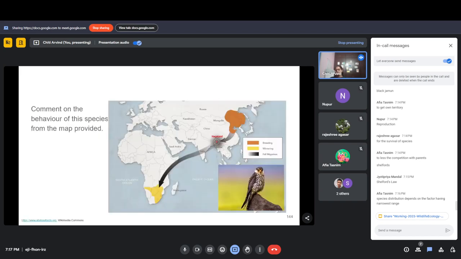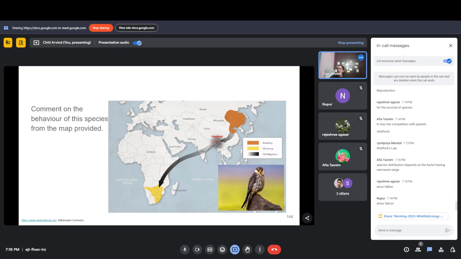Alright, in the image given alongside, you can see a species. Does anybody know what the species is? Species of bird? Amur falcon, correct. Right. So can someone comment on the behavior of the species? What is basically shown?